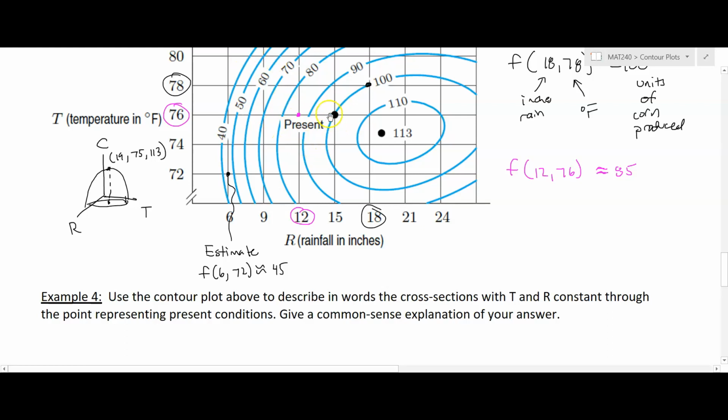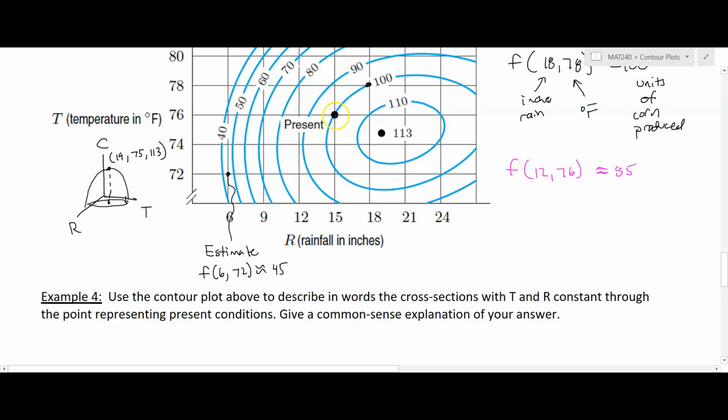Well, here we are at the point present. That's right now. For this season, we'll assume that there have been 15 inches of rain, 76 degrees Fahrenheit average. And now what we want to do is think about the cross sections with respect to T and R. To have the cross sections with respect to T, I want to look at the relationship between corn production and temperature by holding rainfall constant.